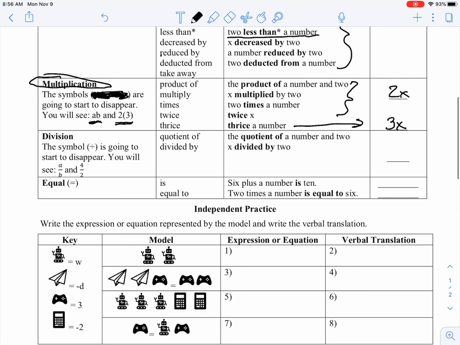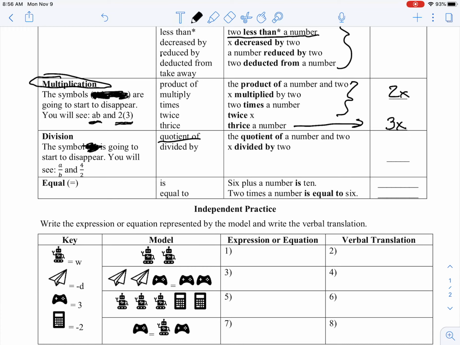All right, and now to division. The division symbol is going to start to disappear as well, just like the multiplication symbols. We're going to stop using that, and we're going to be seeing fractions for division. A fraction bar helps us show division.